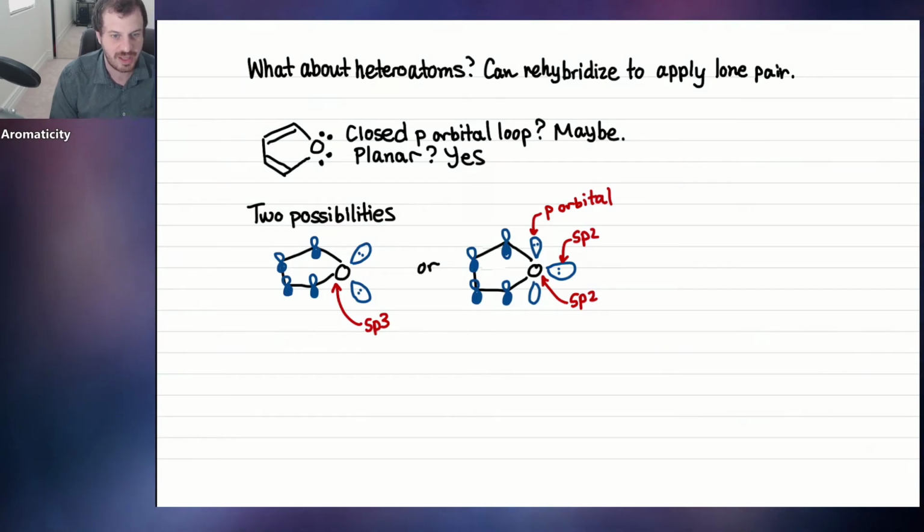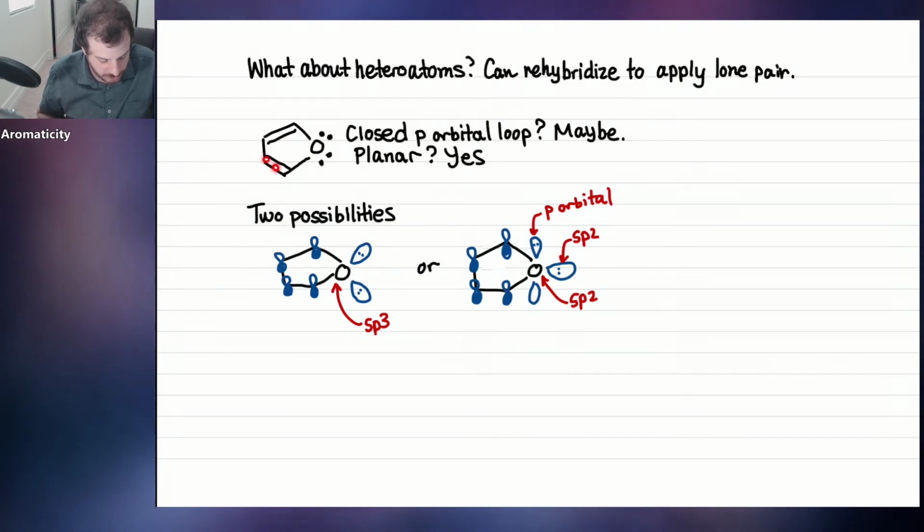It turns out it will do this option if it helps the molecule get to a Huckel preferred number of pi electrons. So let's look at the option of without the oxygen participating. If the oxygen opts to keep its electrons out of the game, then there will be these two pi bonds, and each of these pi bonds will contribute 2 electrons.